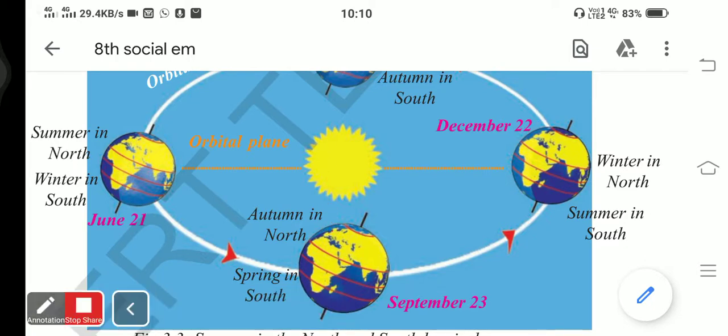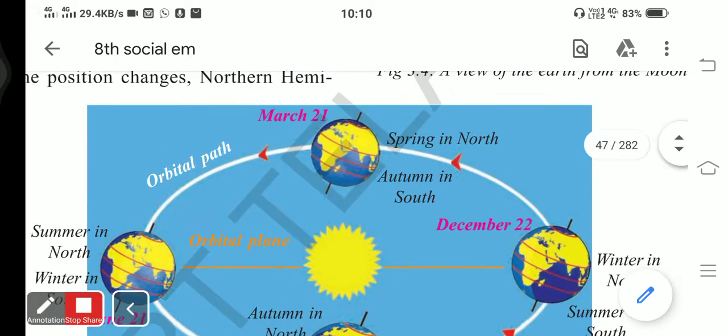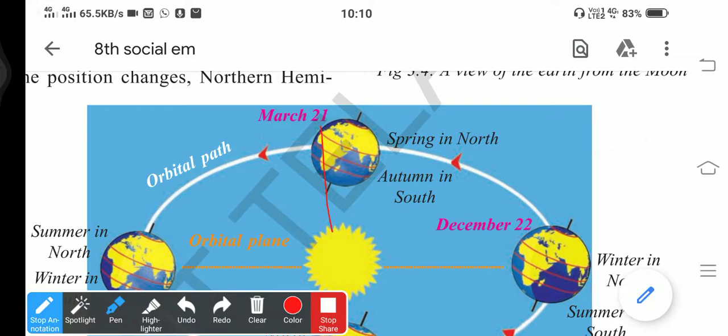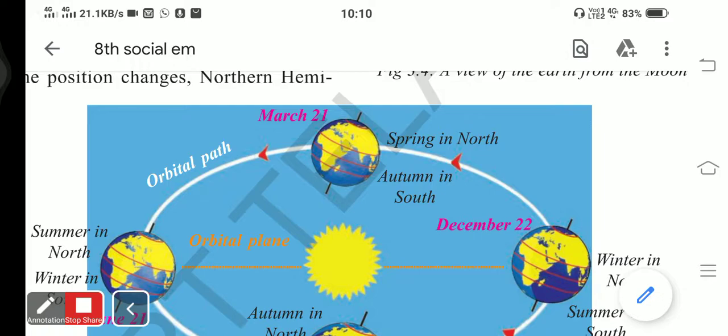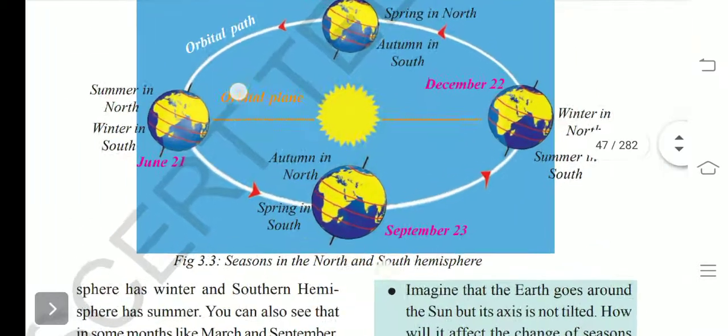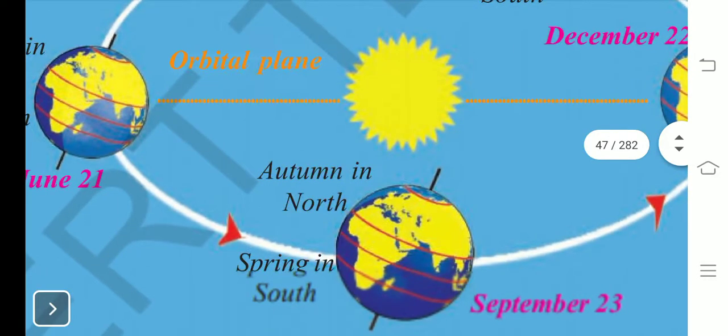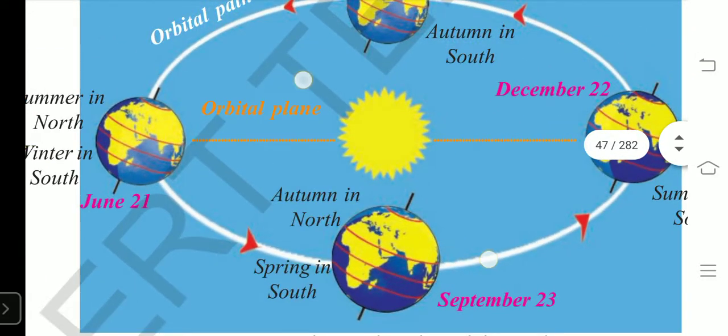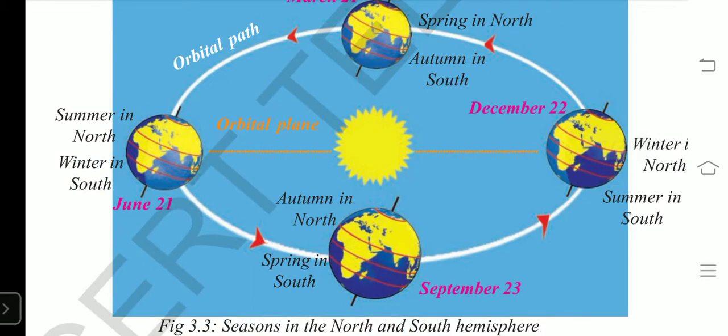And this is March 21st. Understand? Why am I showing this figure? You have to understand there is a lot of difference in the positions of the Earth on these dates.